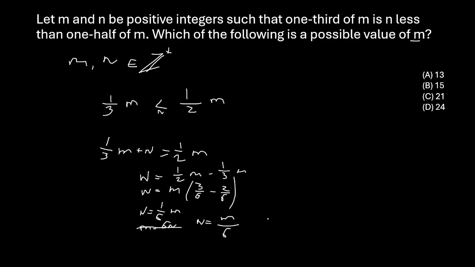So we know that m is divisible by 6, so m is equal to 6 times something. Okay, which of these numbers? So we have the answers. Which of these answers are divisible by 6? 13 isn't, 15 isn't, 21 isn't, 24 is. So this is the answer.